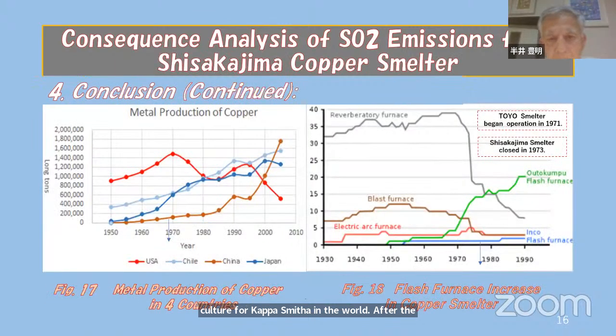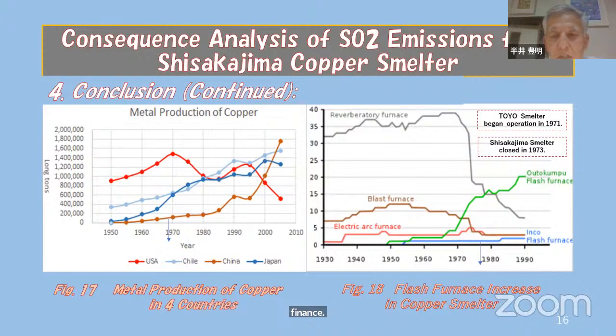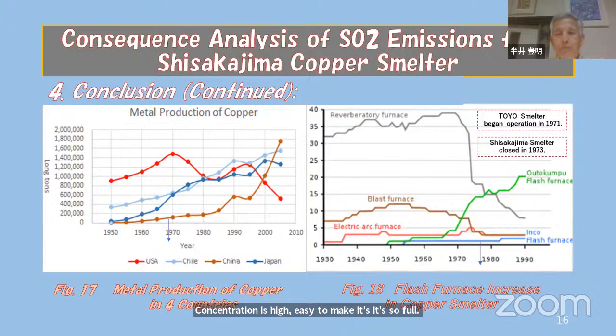This is the evidence: Fig 18, the green line, shows flash furnaces increased in copper smelting because it is a cost-cutting process, and also the SO2 concentration from the furnace is high, making it easy to produce H2SO4. Thank you very much.